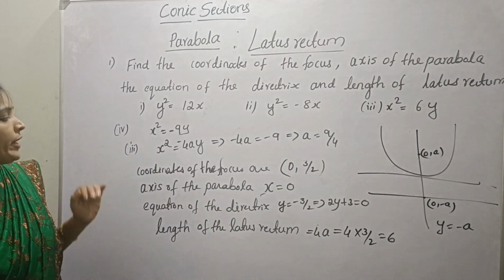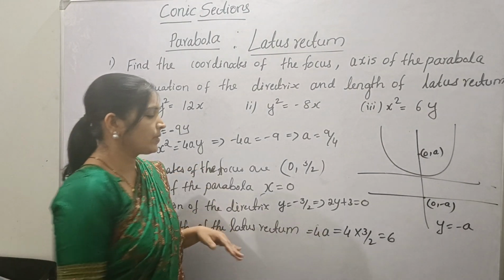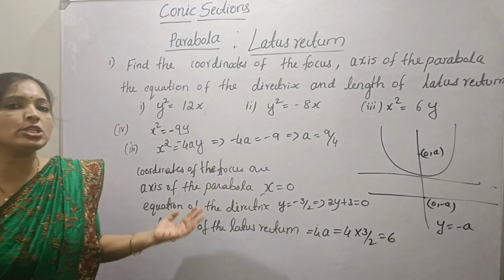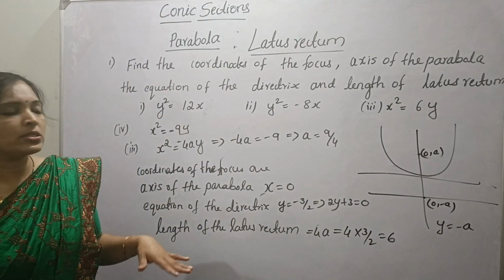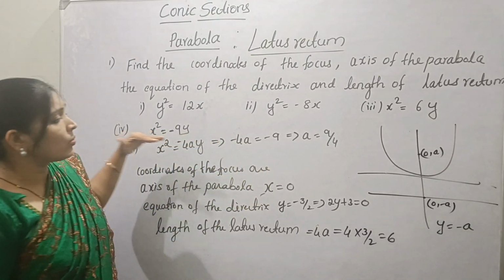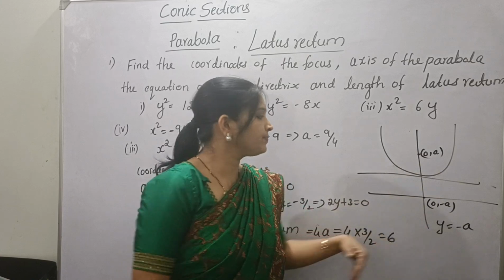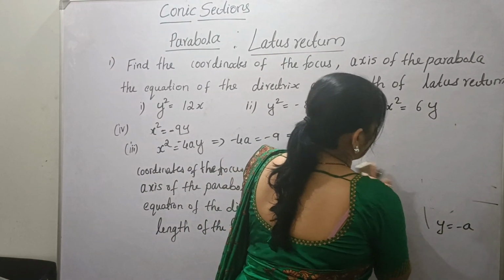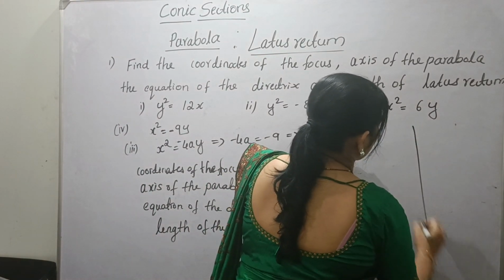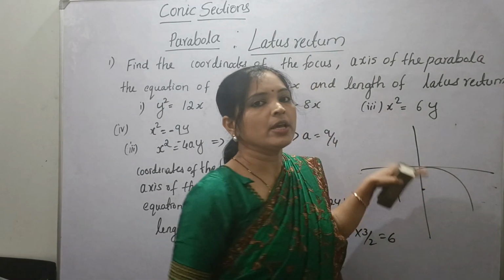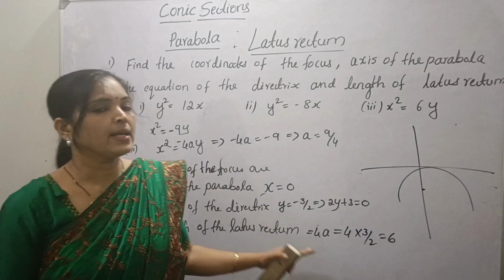Now next, the coordinates of the focus. Here the x coordinate is 0 because the focus point is on the y-axis. Because here the parabola opens towards the negative y-axis, the point will be on the negative y-axis.